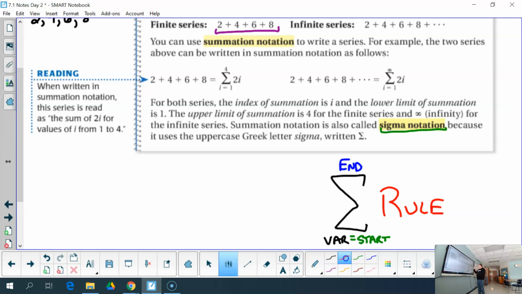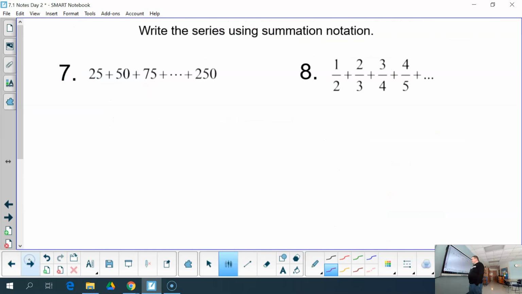Now, for an infinite series, this ending can also be infinity. And that would just say that you would keep following that pattern forever and ever and ever. It would never stop. So the big difference from yesterday to today is now instead of having commas in between our terms, we have addition signs in between our terms.